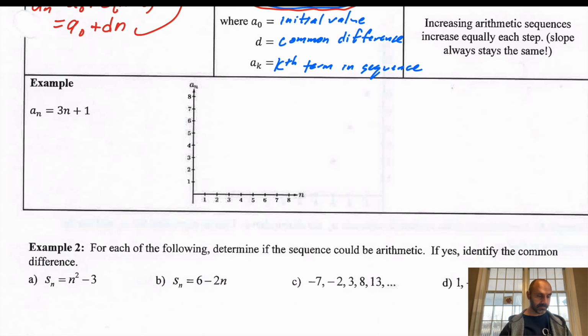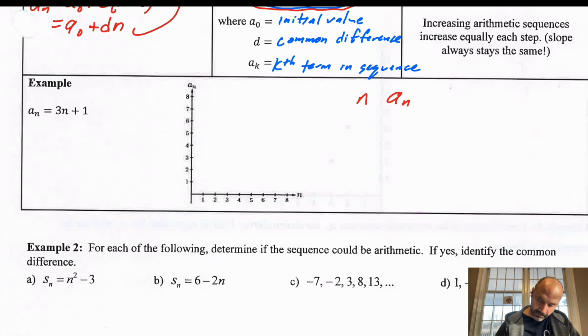So here's an example. A sub n equals 3n plus 1. We can create a little table here. n is going to be our input, and the output is a sub n, the nth term of the sequence. If we put in 0, we end up with 1.